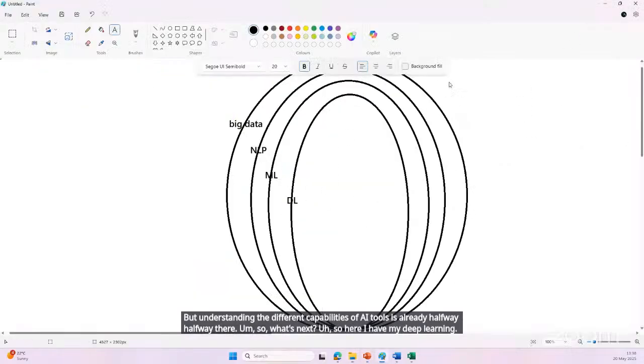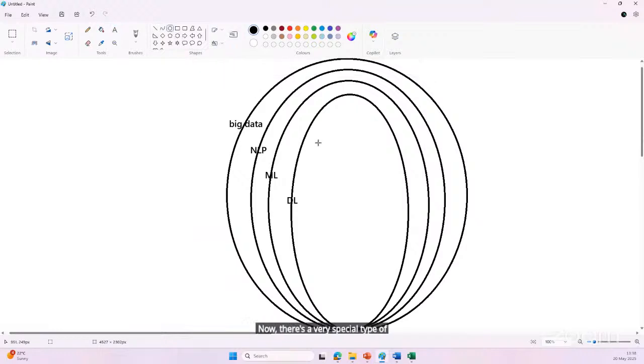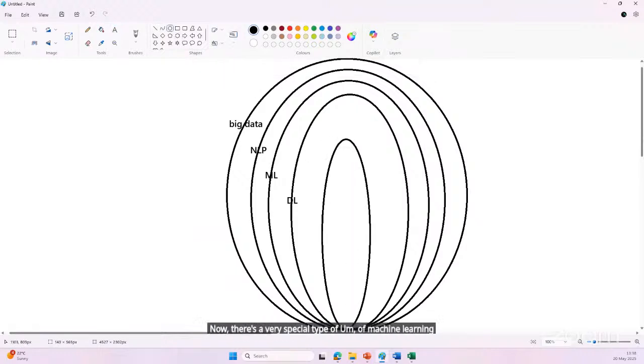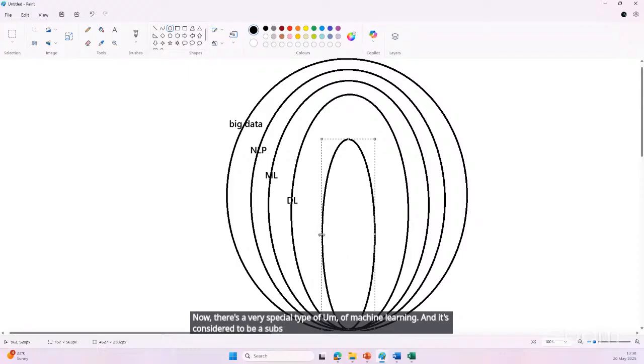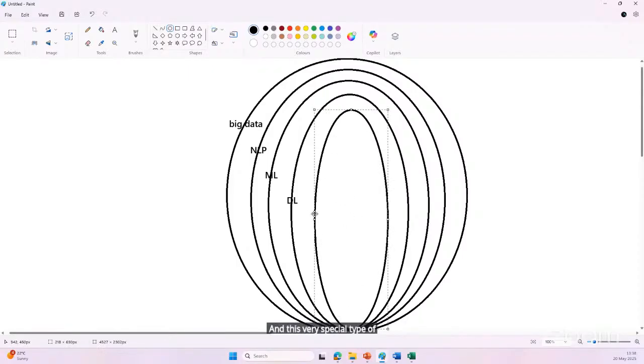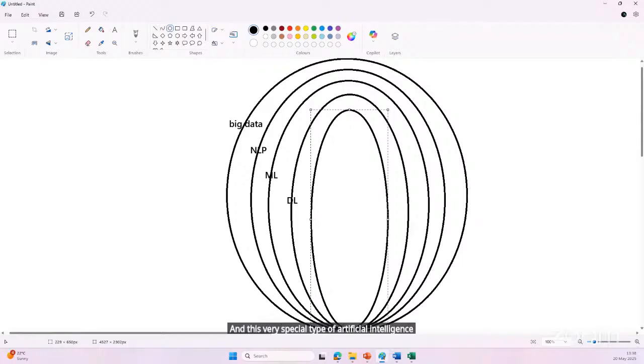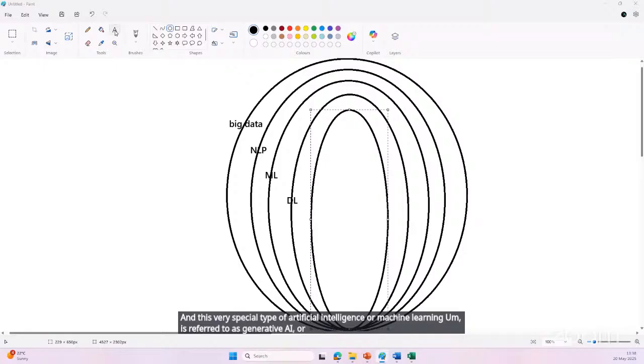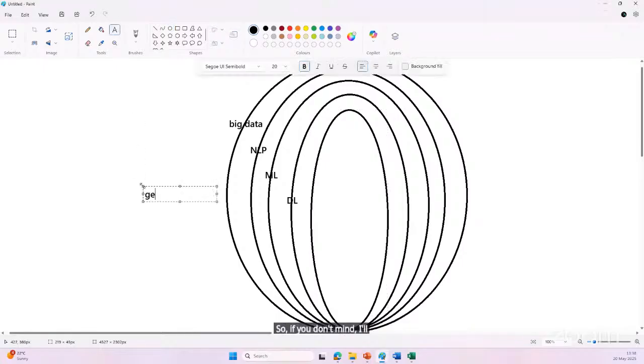So here I have my deep learning. Now there's a very special type of machine learning, and it's considered to be a subset of deep learning. This very special type of artificial intelligence or machine learning is referred to as generative AI, or Gen AI. If you don't mind, I'll just annotate here. So we'll have that as Gen AI.